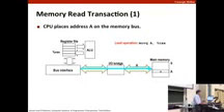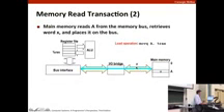So when the CPU executes a move instruction like this, it first places the address A on the memory bus, and then the main memory senses that address and reads the contents, the 8 bytes at address A. So it retrieves the 8-byte word from address A and places it back on the bus.